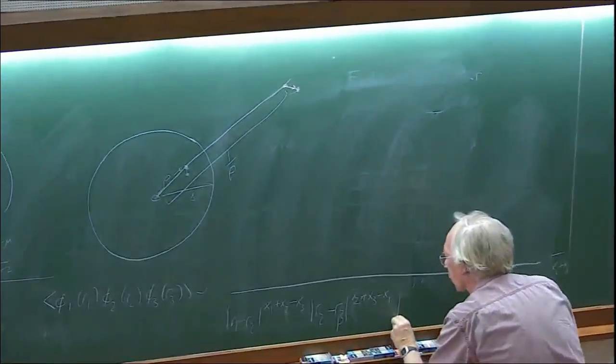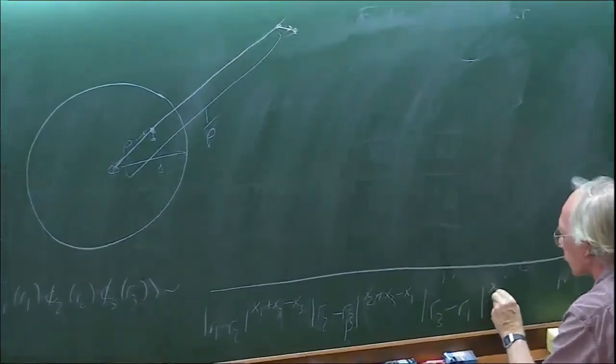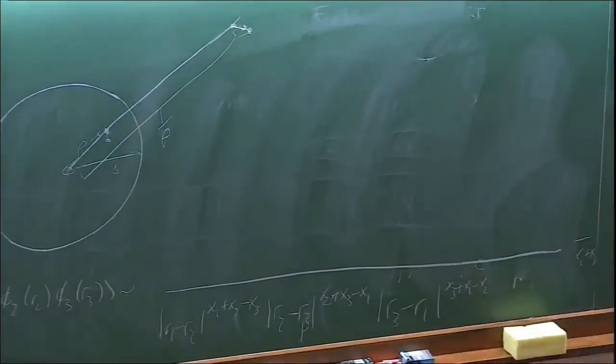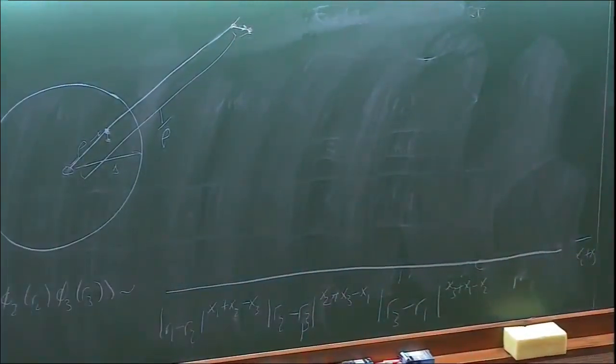So once you know one of these terms, you can write down the rest. x3 plus x1 minus x2. Okay, so using this additional symmetry allows you to do this.